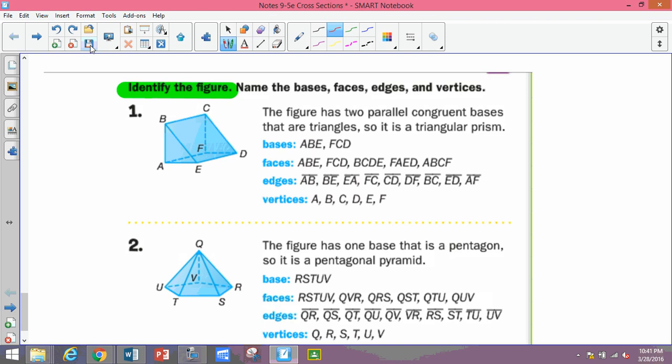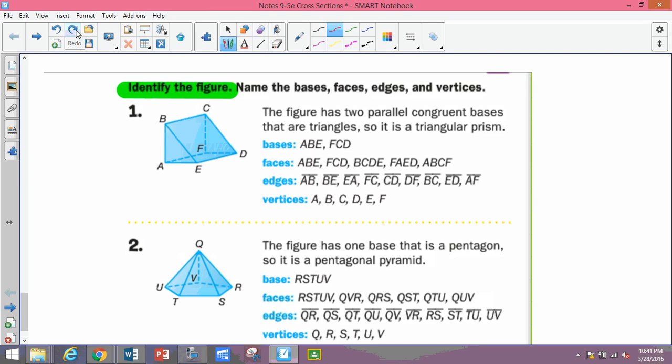Okay. Now, the other piece to this lesson that's not in your book, but that we're going to talk about, and we've kind of talked about it already, is identifying the different bases, faces, edges, and vertices that each figure has. So looking at a three-dimensional shape and knowing what that is. We've been doing that all along. What is this? This is a triangular prism. It's a prism because it has two bases, okay? And the bases are triangles.